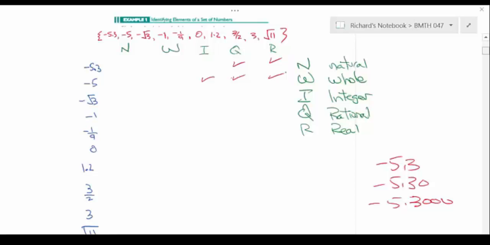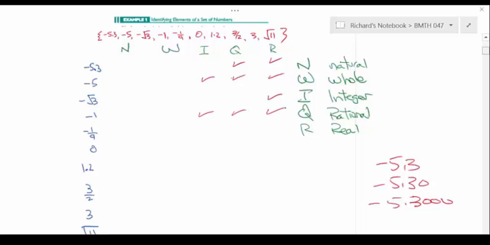So it's not natural, it's not a rational number, it's irrational. So all it is is a real number. Negative one, there are no negatives with the natural numbers, no negatives with the whole numbers. Negative one is an integer, and it's also a rational number and a real number.